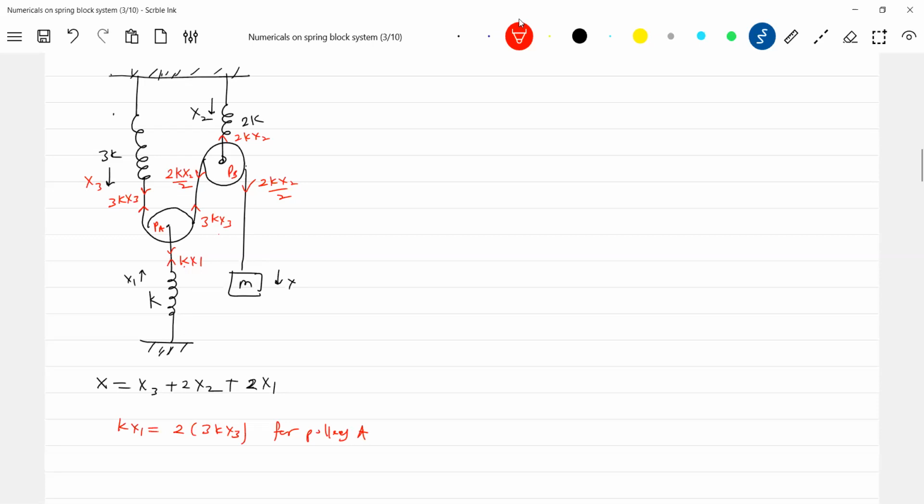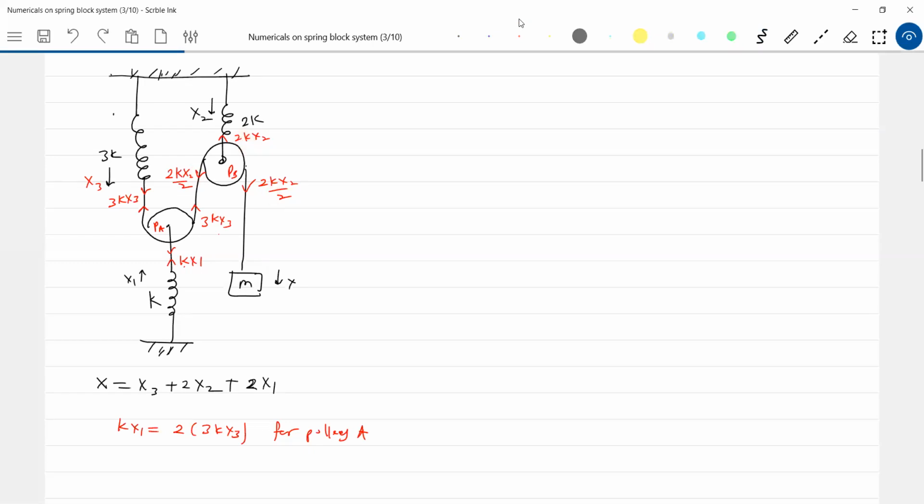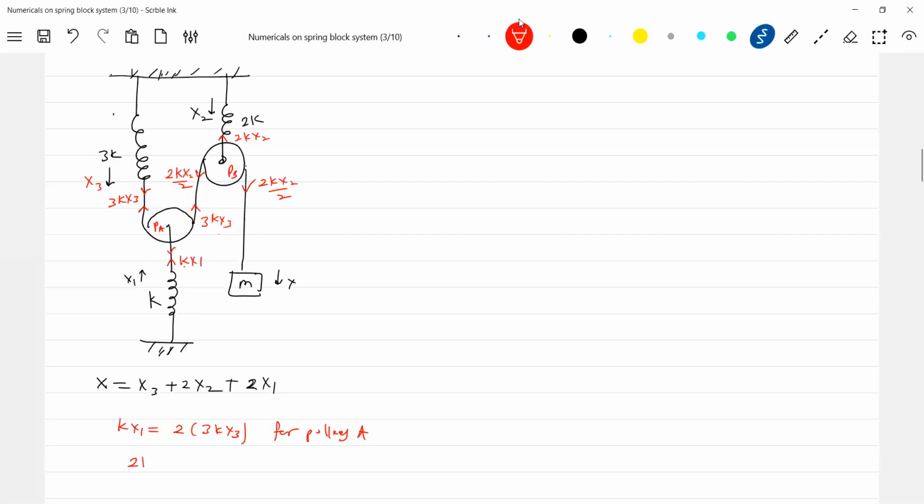Pulley B, of course, is quite simple. What forces are acting, they will act here. Then there's a string, no? Tension should be the same. This part of the string is very important. What is the tension at this point? It should be the same as the string is massless. So therefore, what we can write here is 2k x2 by 2 should be equal to 3k x3. There's a basic relationship between them.